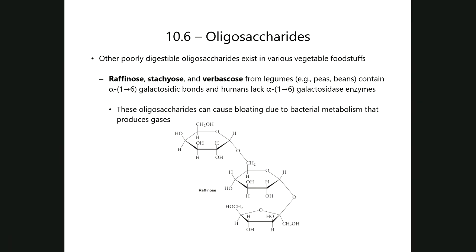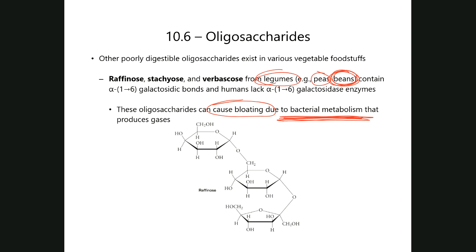As everybody probably is aware, legumes like peas and beans can be associated with these signs and symptoms that are not very pleasant. It turns out that these particular sugars are the ones associated with bloating, because bacteria metabolize the sugars coming from these foods and produce gases as part of that process.